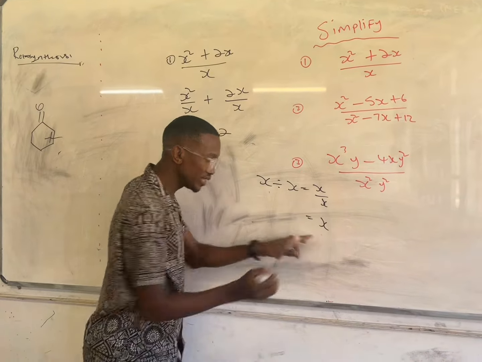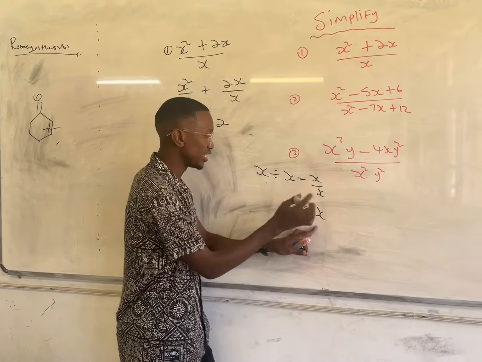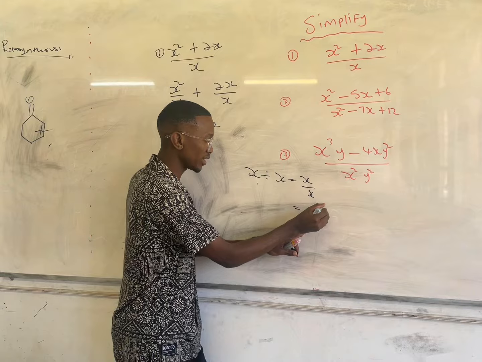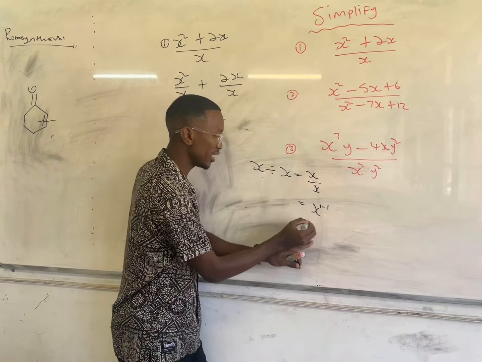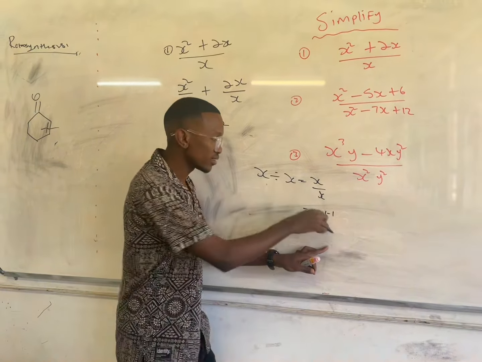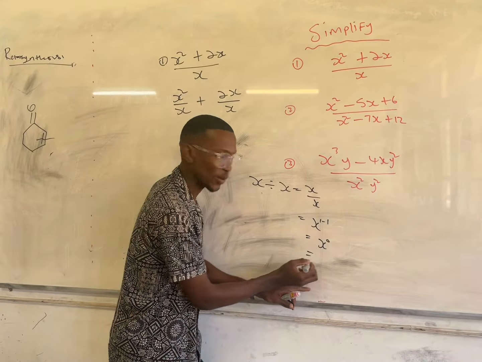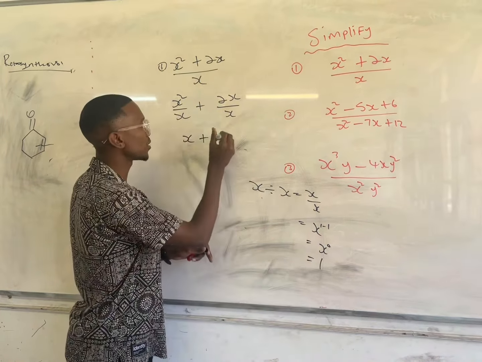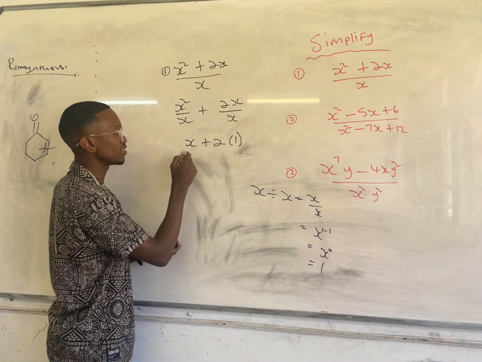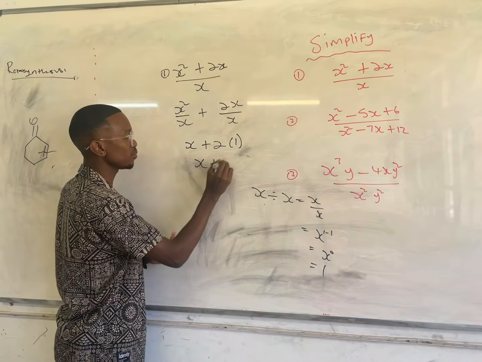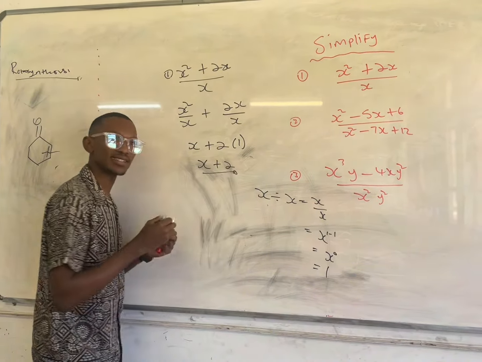I keep the base, and the exponent is 1 minus 1, which gives me 0. Anything to the power 0 gives me 1. So here I'm going to have 1. And then the answer: x plus 2 is going to be my final answer.